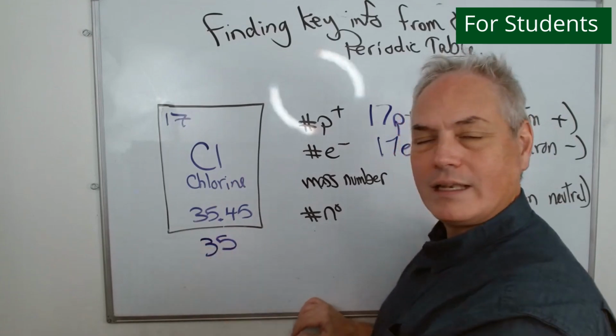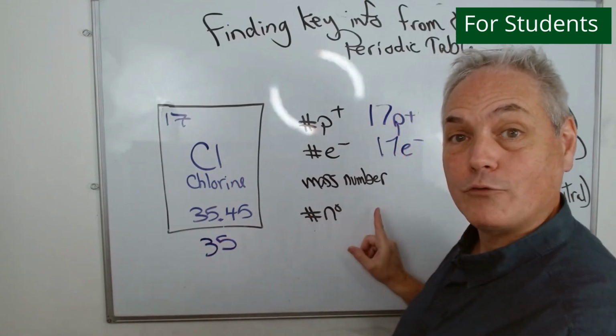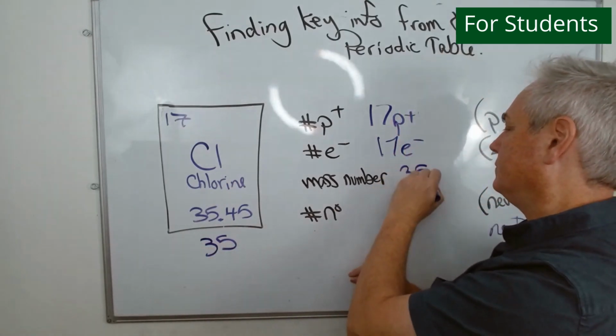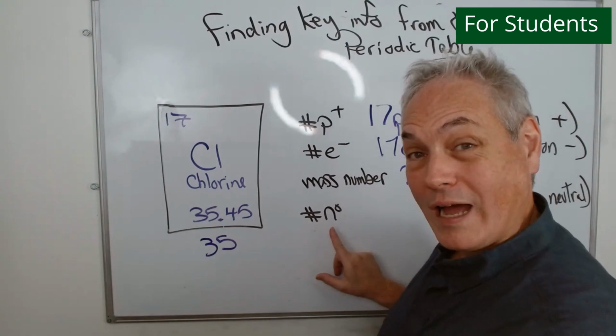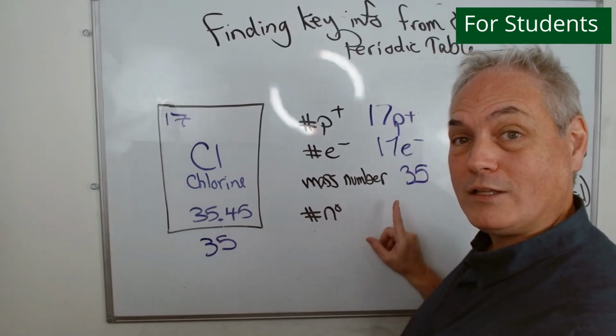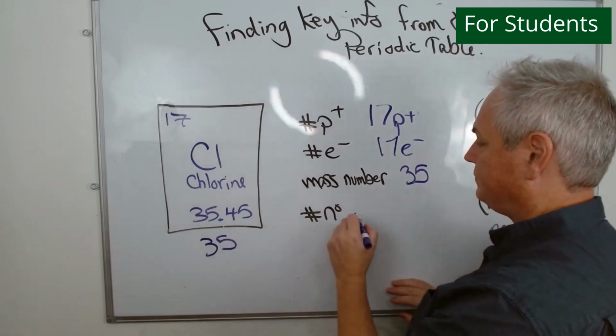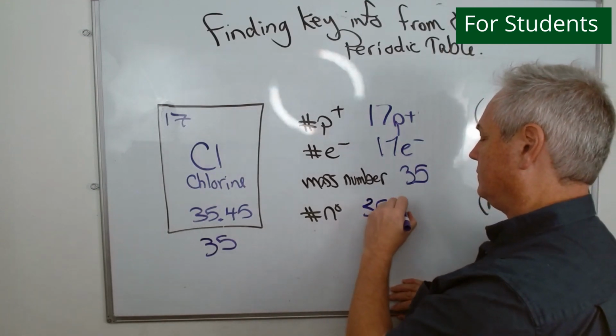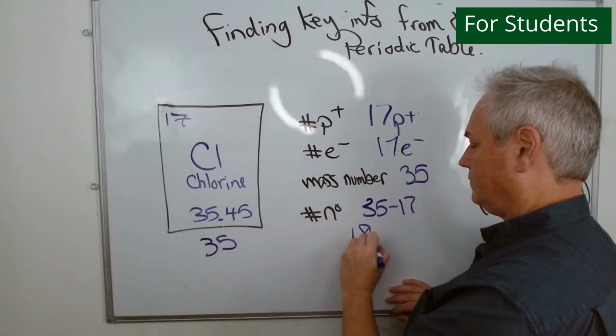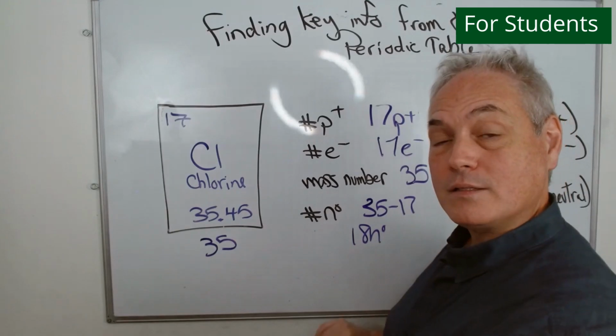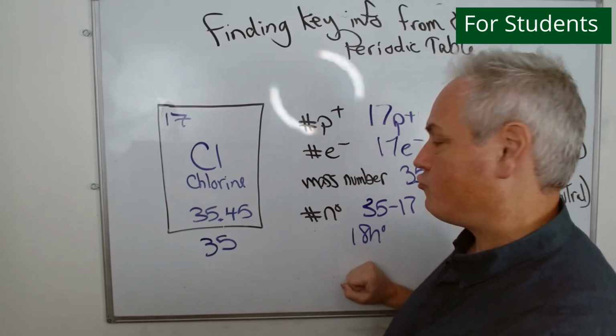So if we have a mass number of 35 and I'm looking for how many neutrons we have, we take the mass number minus the atomic number, which is 17. That means that we have 18 neutrons.